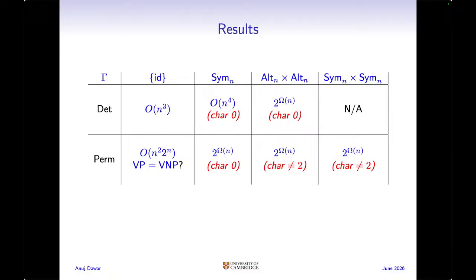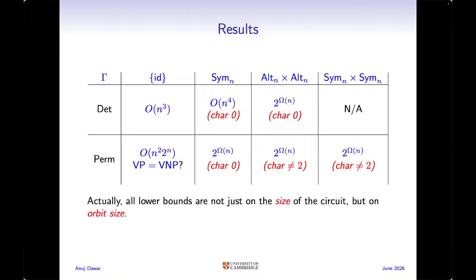And what I'm going to do for the next, I guess, 15 minutes or so, I hope, is try and give you some idea of how this result is proved, this exponential lower bound for the permanent under that group action. One comment to make.